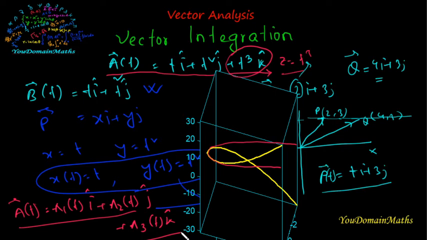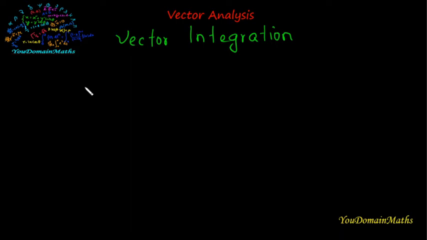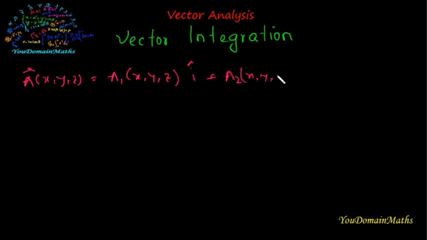Now we will see another type of vector. Suppose a of x, y, z is a vector, where the coefficient of i is also a function of x, y, z, and similarly the coefficients of j and k are also functions of x, y, z.